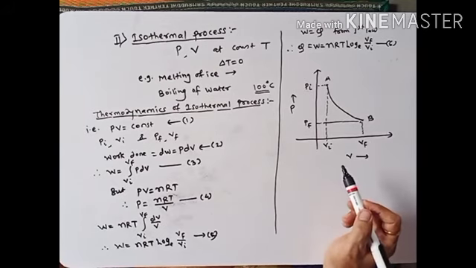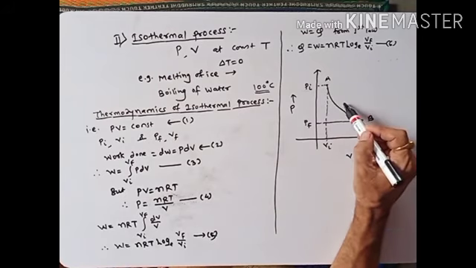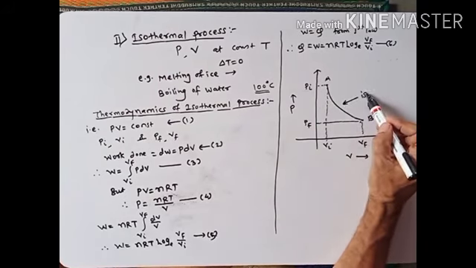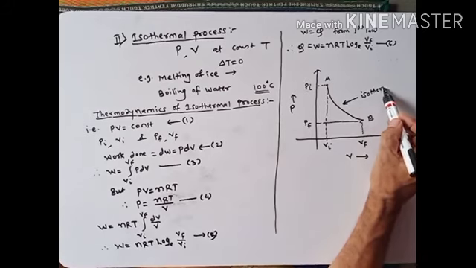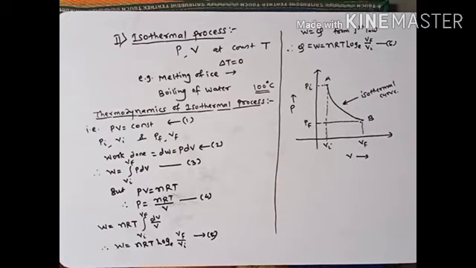This is a PV diagram. This graph is at constant temperature, so we call it an isothermal curve. This change from A to B or from B to A, we call an isothermal change.